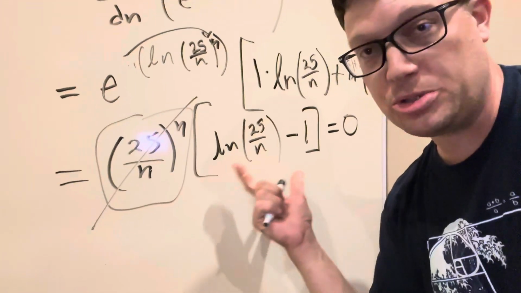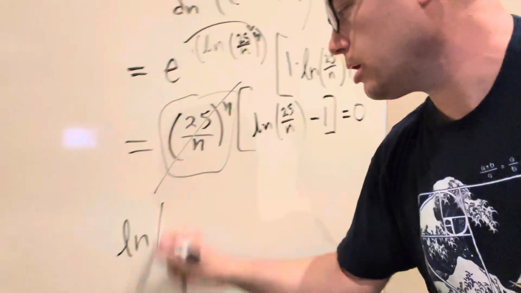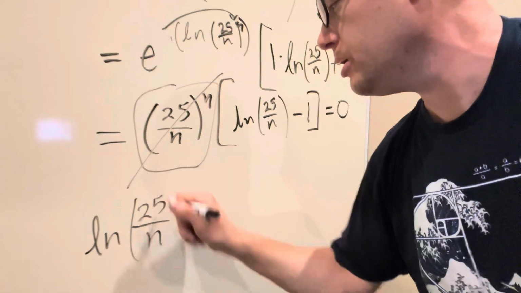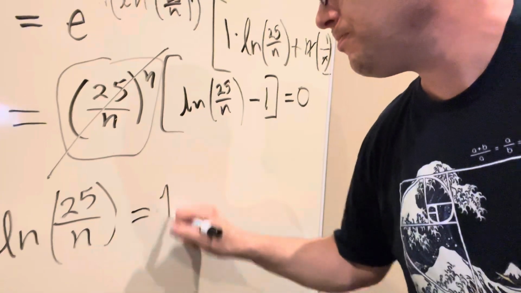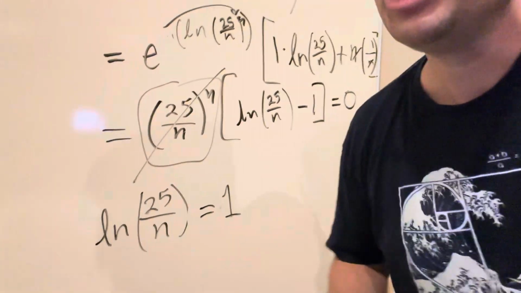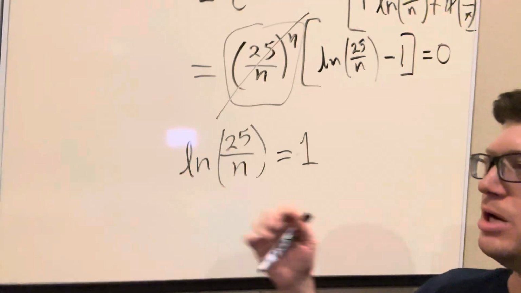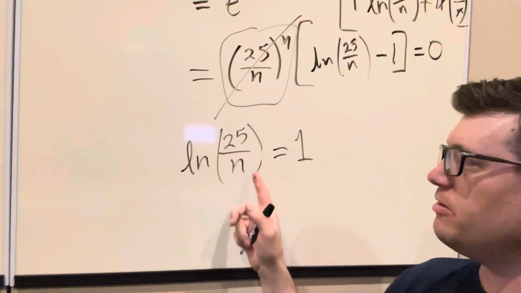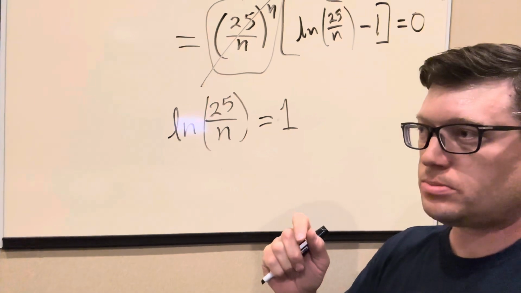What we do need to do is look at this factor being equal to 0. So that's natural log of 25 over n subtracted by 1 equals 0, which really just means that has to equal 1. So the natural log of 25 over n equals 1.